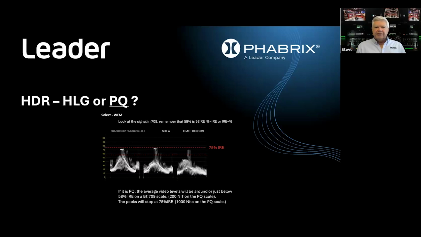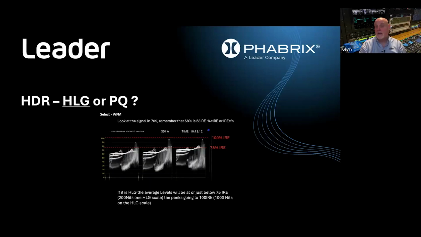True, but it's pretty easy, like what you're looking at right there, because the video is topping out at 75%, and most of the content is stopping at just a little bit over 50%. I can tell you this is a PQ clip that was graded to 1,000 nits.